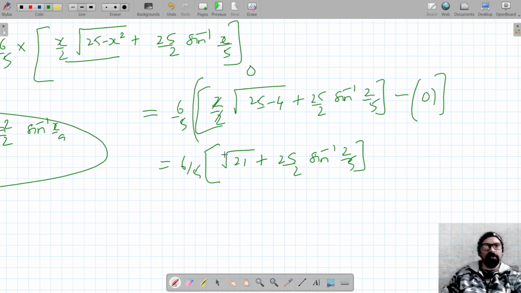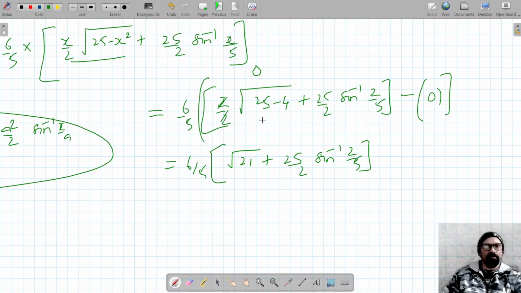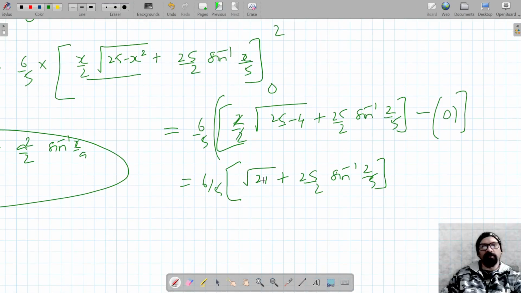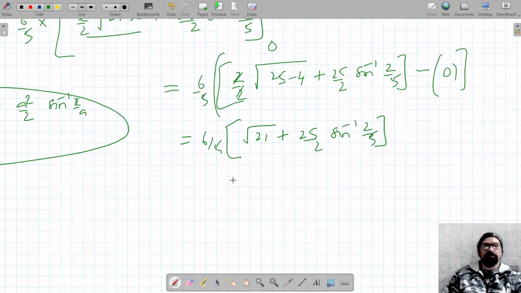So 2² is 4, and 25 - 4 is the square root of 21. So 6/5 times the square root of 21 plus 25/2 sine inverse of 2/5.